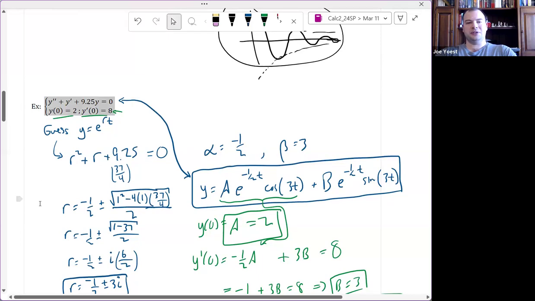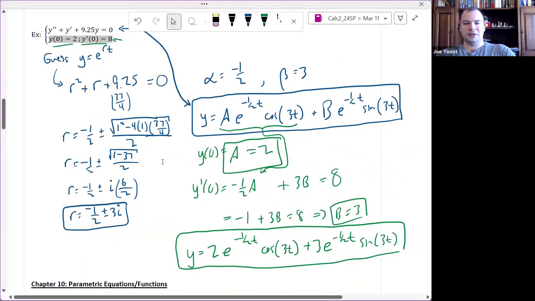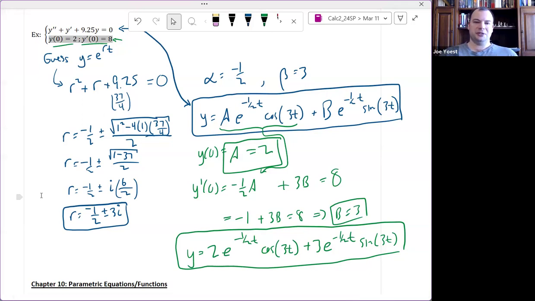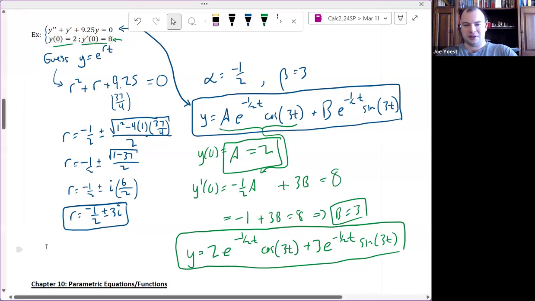We use our differential equation to figure out the parameters alpha and beta. We get a general solution that satisfies the differential equation. Sometimes we're just done there, and sometimes we have initial conditions to go along with it, where we want to pick out a single member of that family of curves to be the solution that satisfies the differential equation as well as the initial conditions.